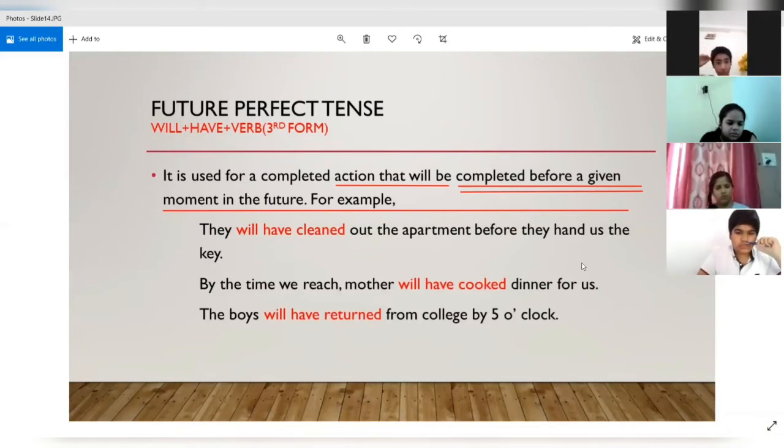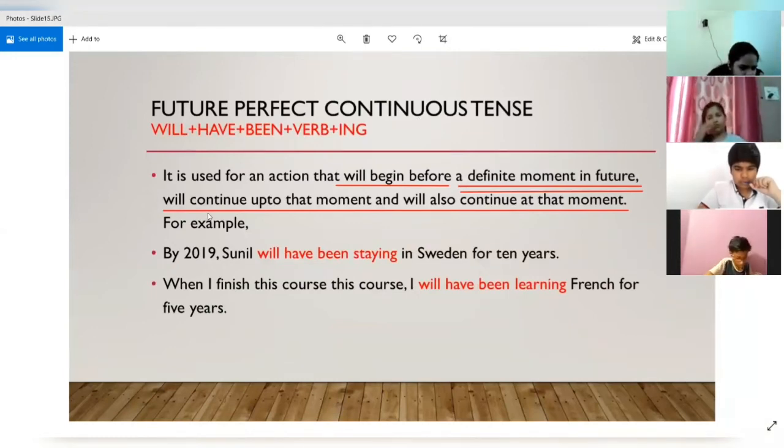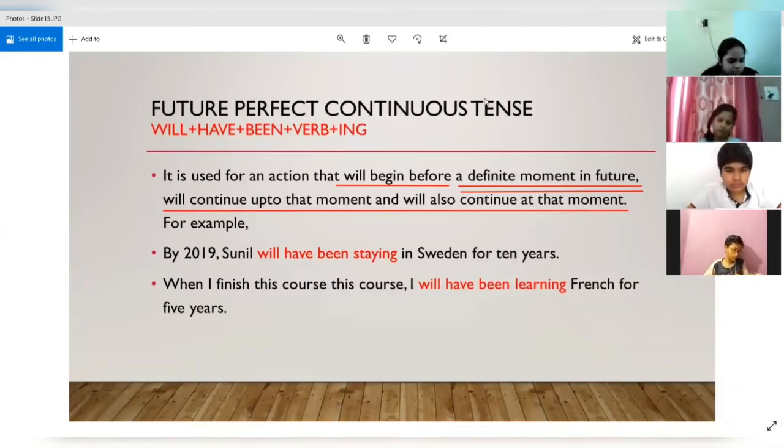So in all these cases, where we give a specific time in future, the action has already been completed before that time in future. But if you see in these examples, the action is not already completed, but it is going on, right? For example, by 2019, Sunil will be staying in Sweden for 10 years. So 2019 was the time in future.